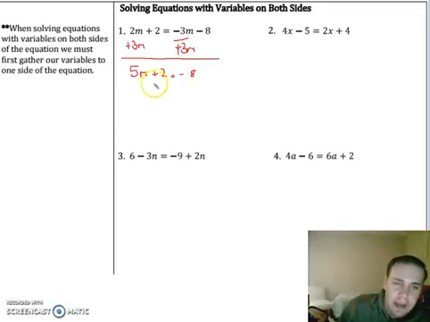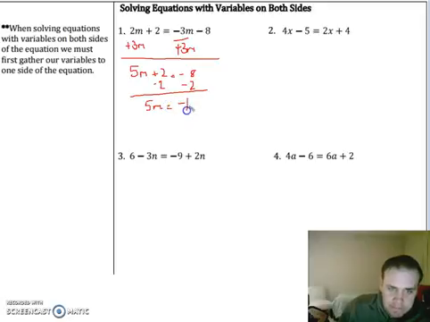Alright, and so now what I have to do here is I have to get this 2 over on the other side, so I'm going to subtract 2 from both the left and the right, because this equal sign is just like that scale was before. So I have 5m equals negative 10.